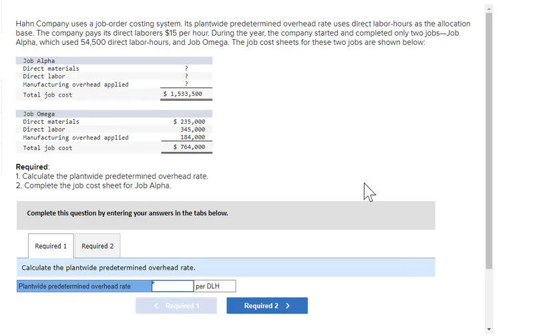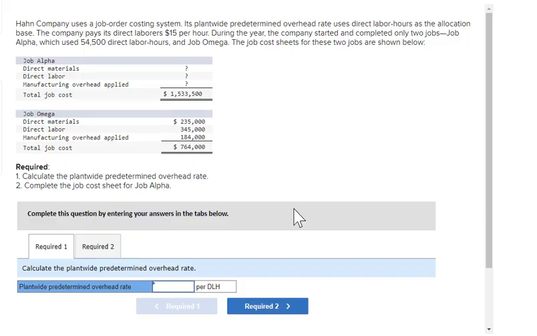So in this particular example, this company has a job order costing system. It has a plant-wide predetermined overhead rate, using the direct labor hours as allocation base. So different from the question we just finished, over there you got two different predetermined allocation rates for two different departments.